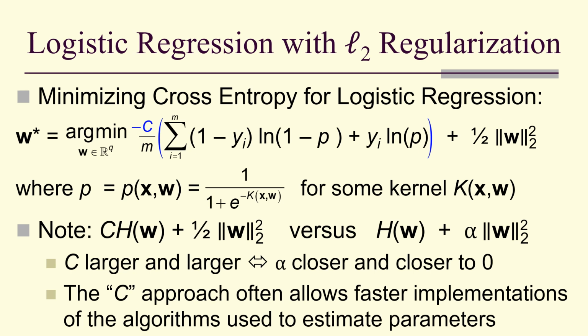So they're equivalent, and you'll see both in scikit-learn and in general, either putting a C in front of an objective and letting it become bigger and bigger, as opposed to letting alpha be smaller and smaller, or vice versa, letting alpha be bigger and bigger, corresponding to C becoming smaller and smaller.